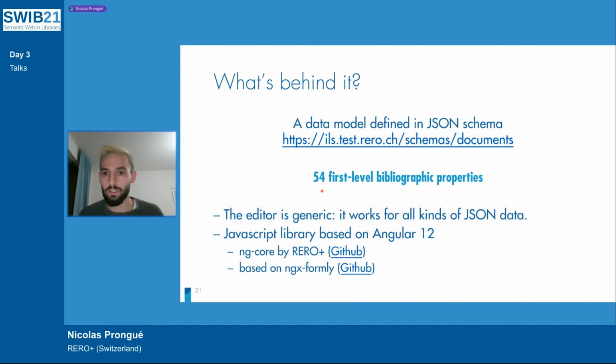For example, in our library system, we also edit library patrons or acquisitions with the same editor. It's based on Angular 12, and you can reuse it or test it. We have the links on GitHub.